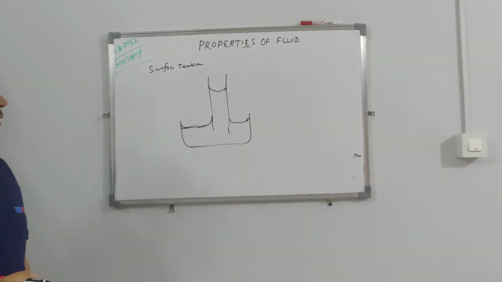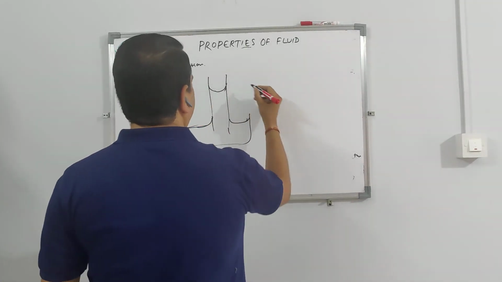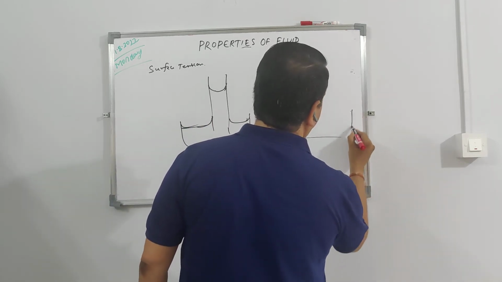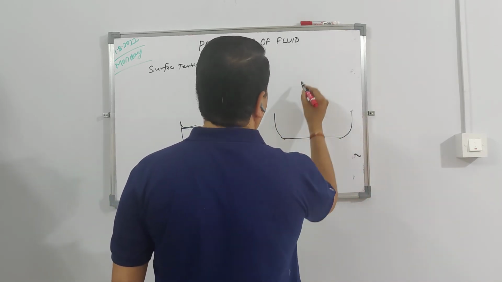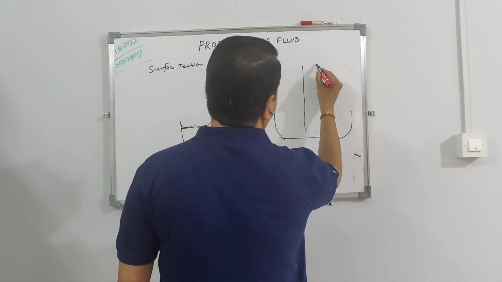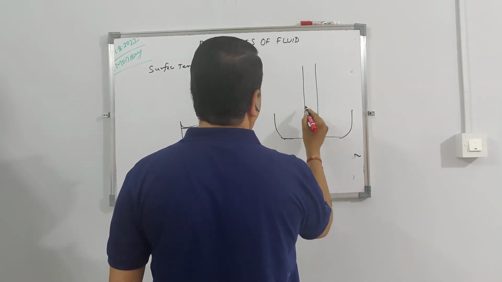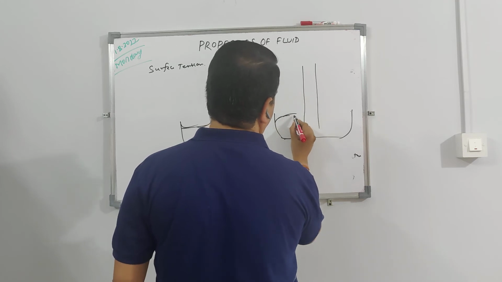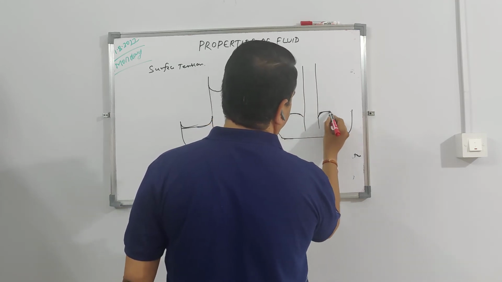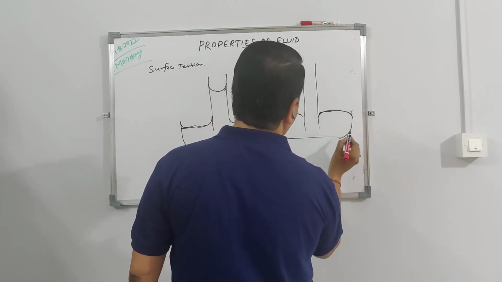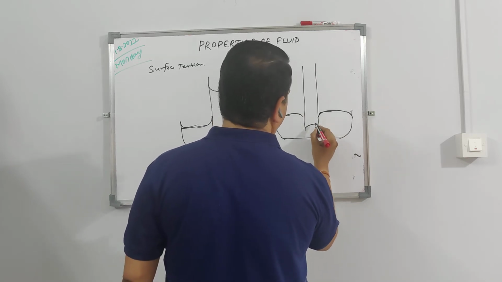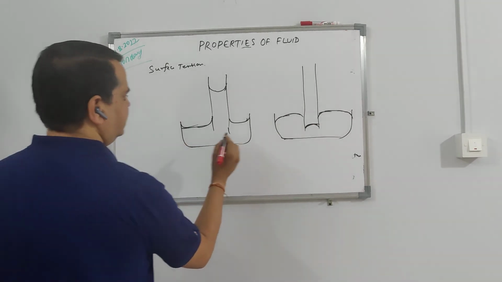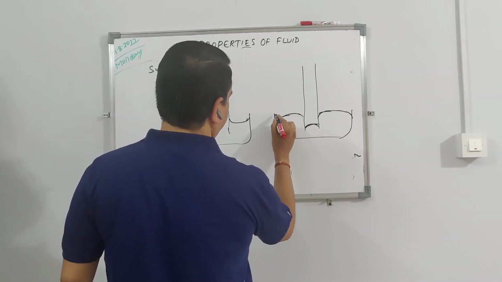Let us say I have another pot, and I have this, and it will be like this.